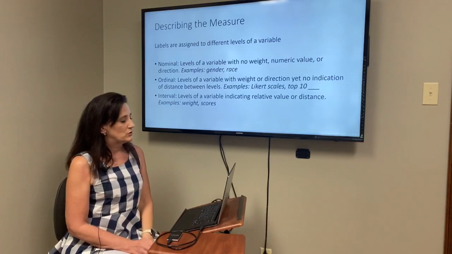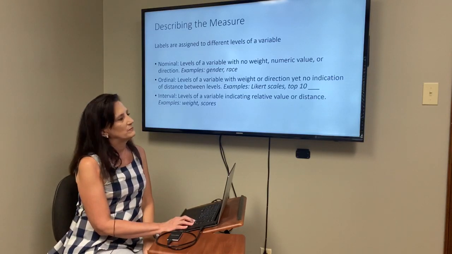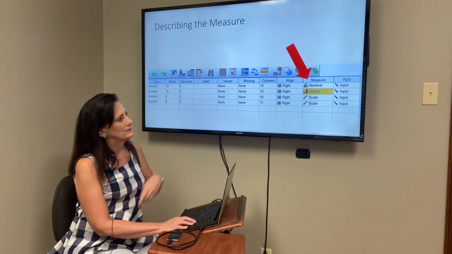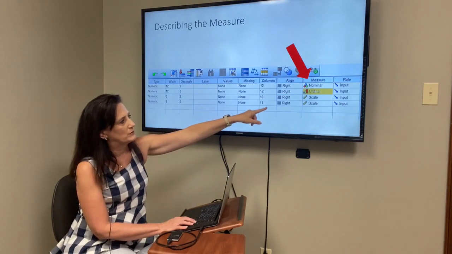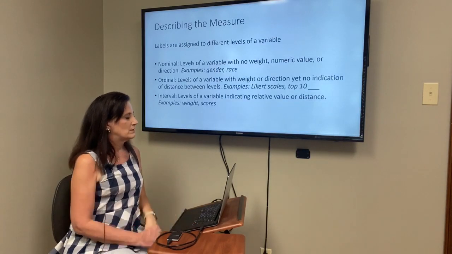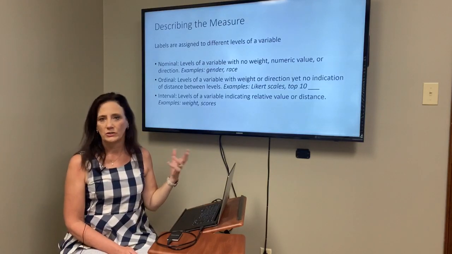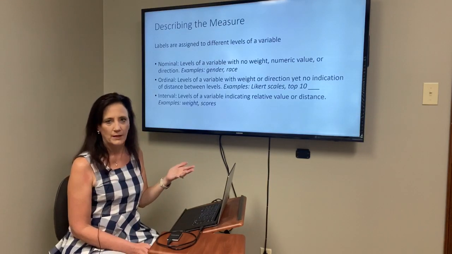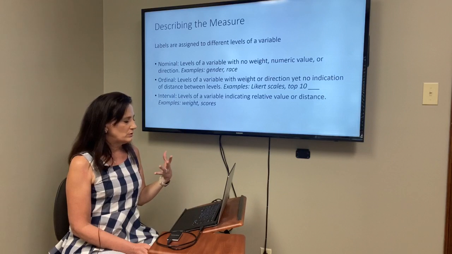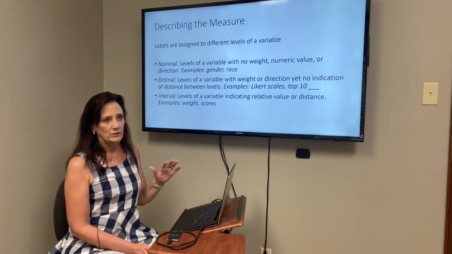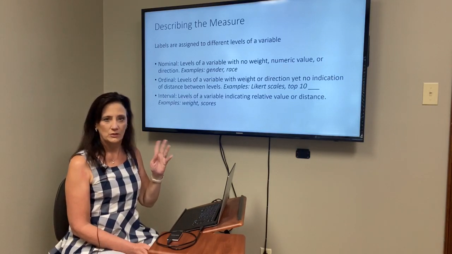Then we want to describe the measure. Let me skip forward one slide. That's this piece right here: nominal, ordinal, scale. So nominal are things like gender and race. There's no order implied, right? Ordinal is when there is some order implied, like strongly disagree to strongly agree.